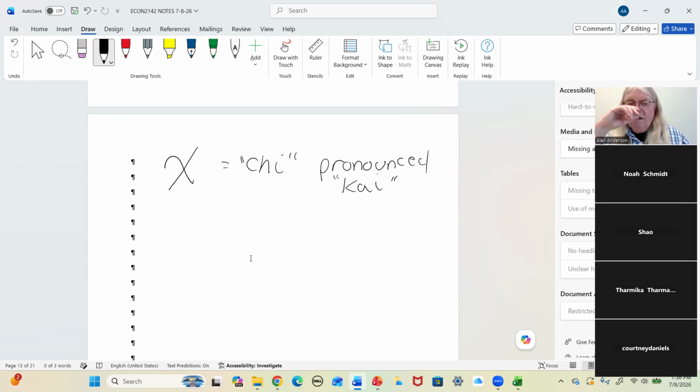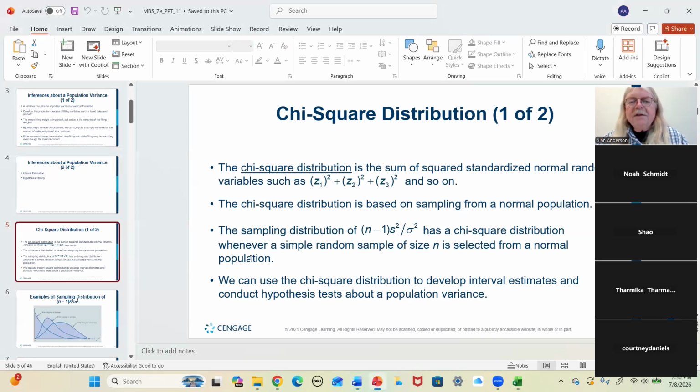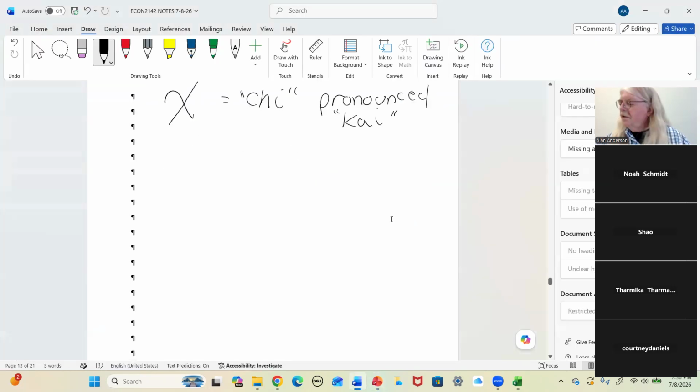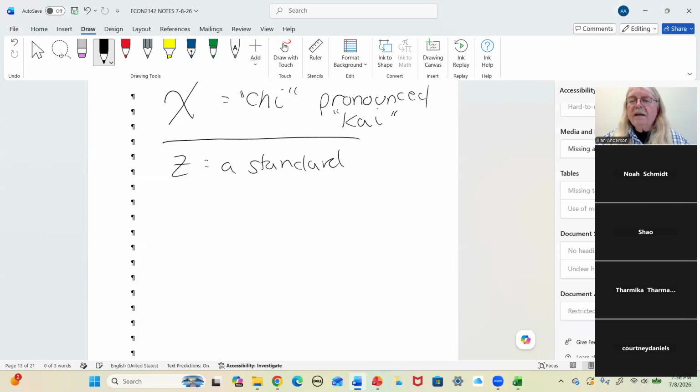And so what happens here is that if you take a series of standard normal random variables, let's write this down here somewhere. Remember, this z represents a random variable specifically chosen from the standard normal distribution.